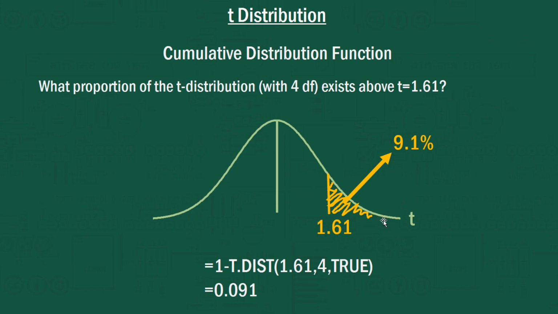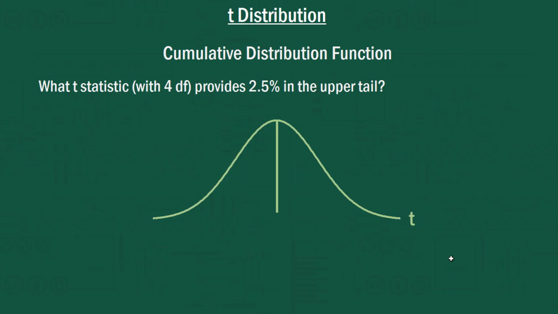So in other words, if you got a sample statistic of 1.61, you'd now have a good sense of how extreme that is, and whether or not that would require you to reject the null hypothesis. Now, another common usage is to ask what t-statistic, again with 4 degrees of freedom here, provides 2.5% in the upper tail. So let's just say we want to know this point here, above which lies 2.5%.